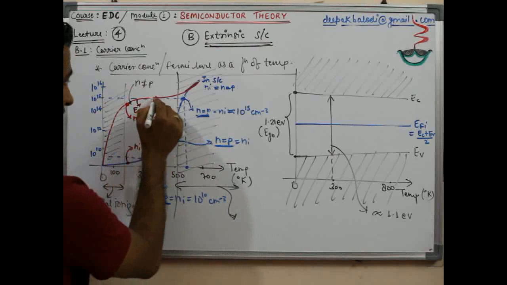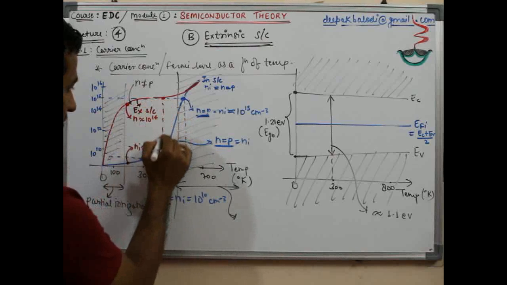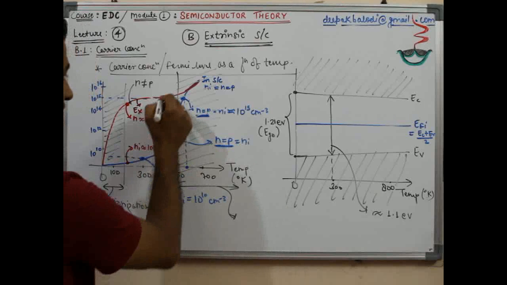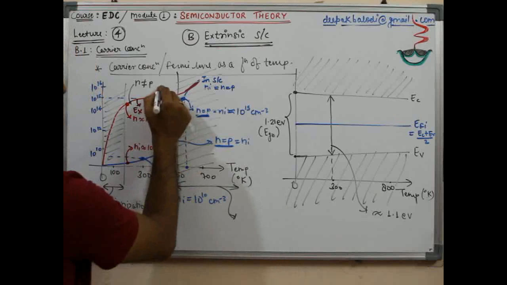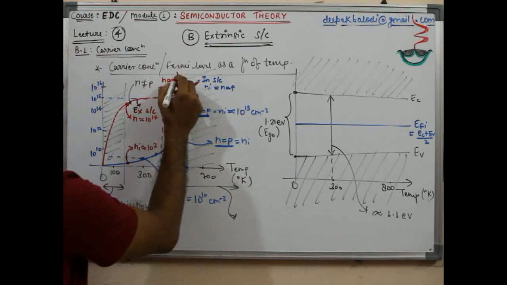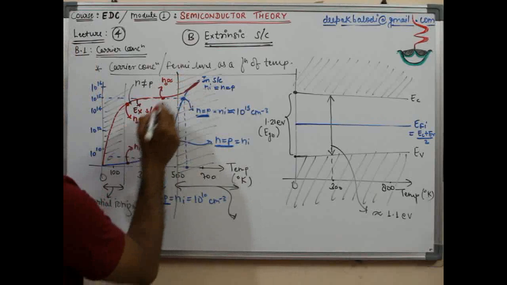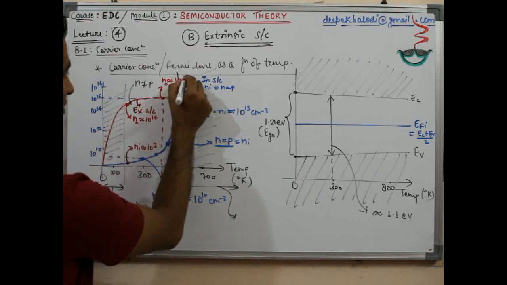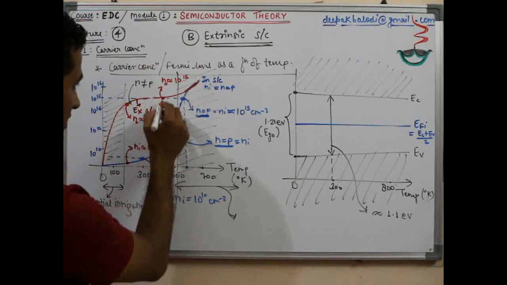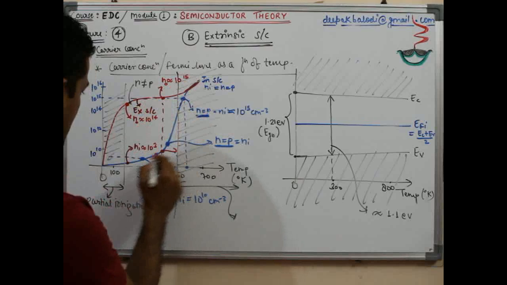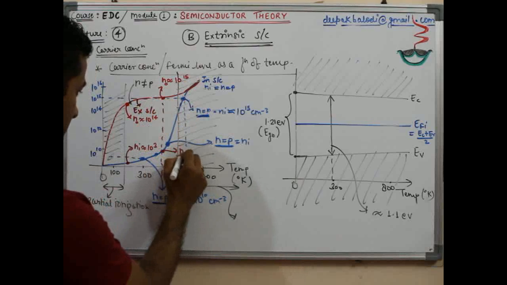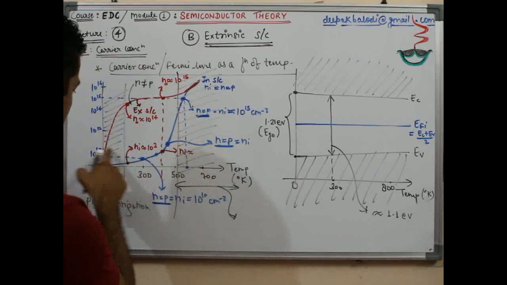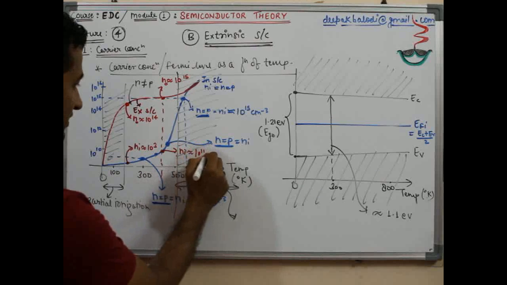When we come here, well above room temperature, around 400 or 450 Kelvin, then n naught is approximately 10 to the power 15, just a little bit more, and at the same value ni shoots up, but it is still around 10 to the power 11.